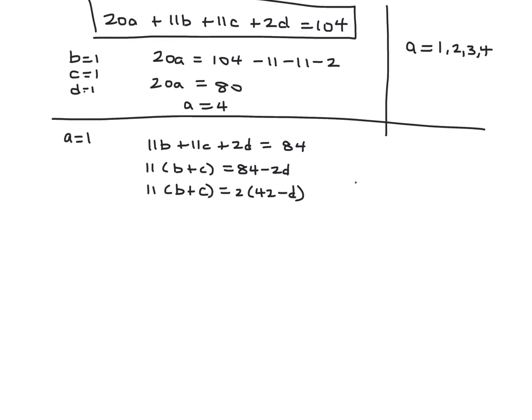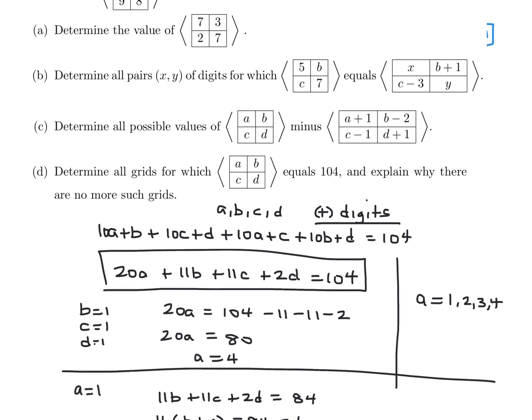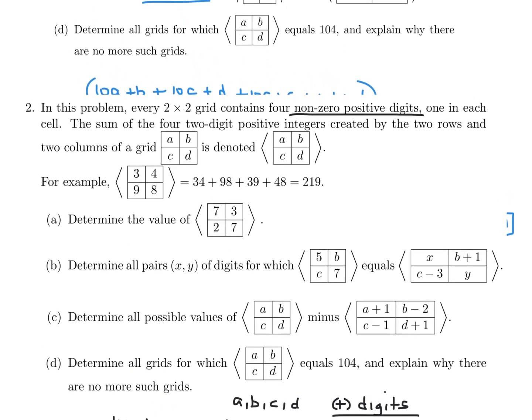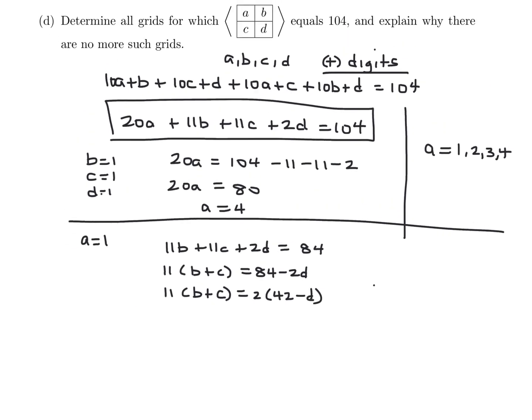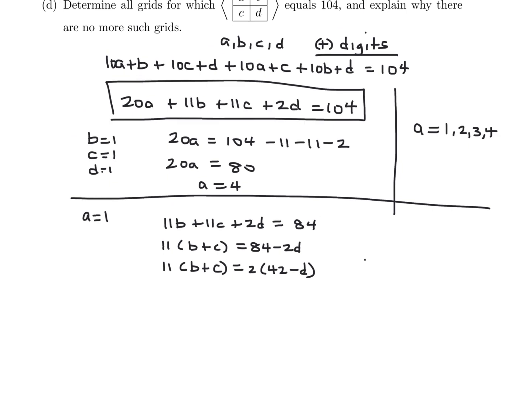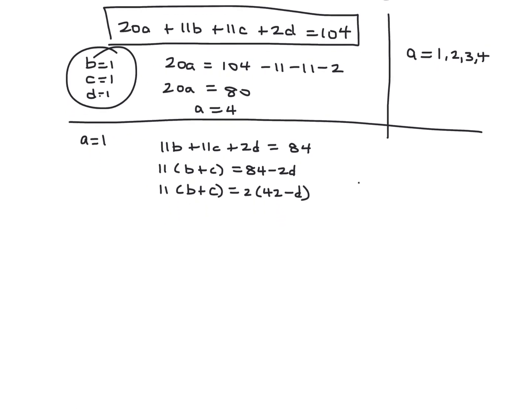If the smallest it could be is 1, so if that were true, wait, can D be 0? Let me think about this. In this problem, every 2 by 2 grid has 4 non-zero positive digits. Yeah, they're all non-zero, so the smallest it could be is 1, which I think I already talked about up here. Okay, just want to make sure.